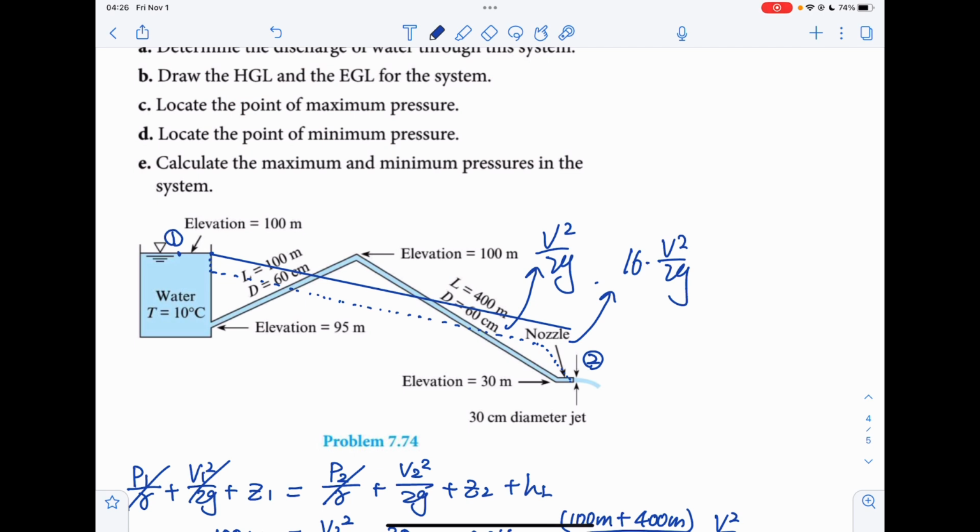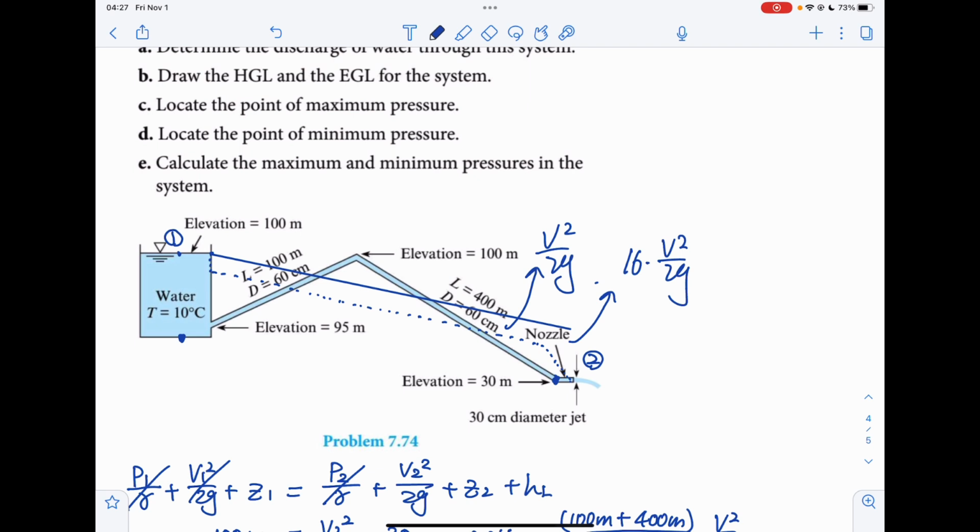And next, the problem asks us to find the maximum pressure. This will be either at the bottom of the tank, or at the point of the nozzle.